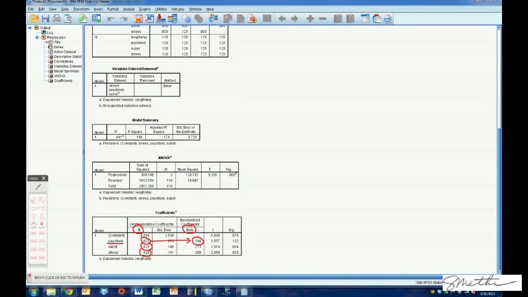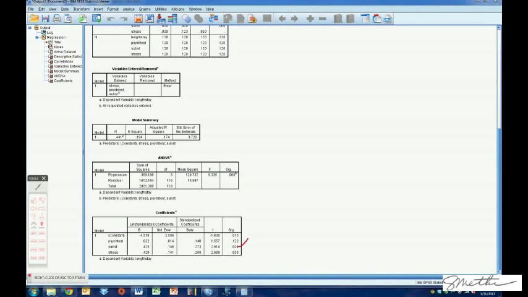So these are things that I would pay attention to. I also certainly want to pay attention to the significance level of each one of these. Notice that we don't have any statistically significant values for the psych test variable.